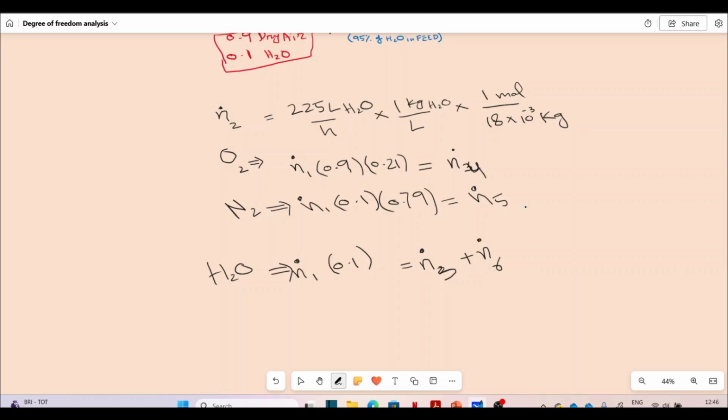So now we have 1, 2, 3, 4, and 5 equations. Just having these 5 equations, you can put in the values and solve them simultaneously. So the actual answer I'm leaving to you.